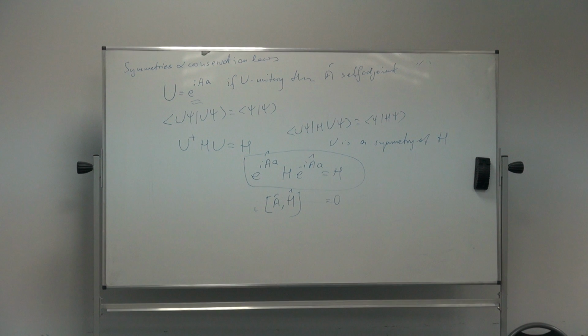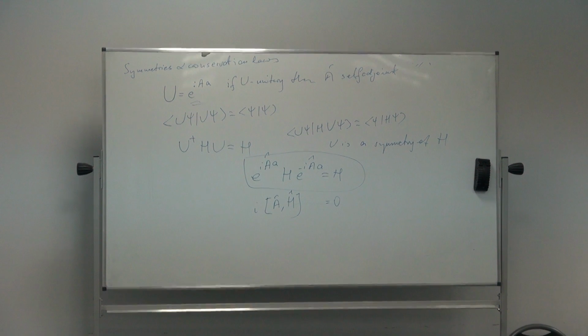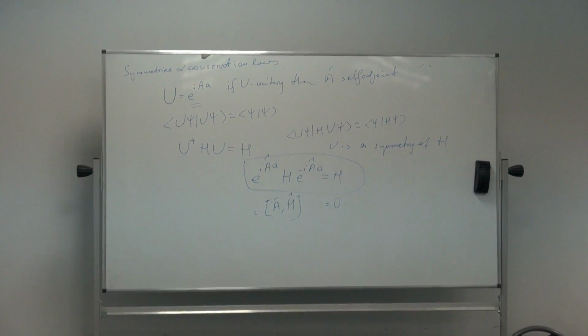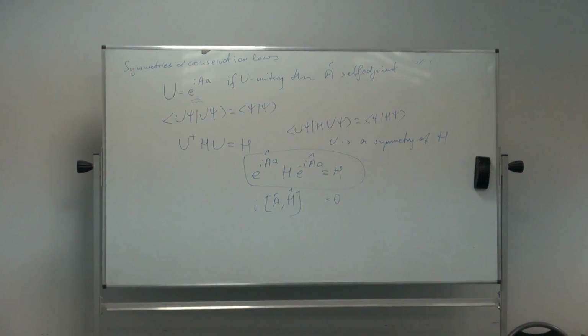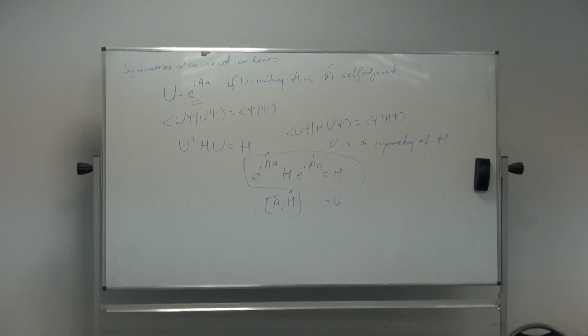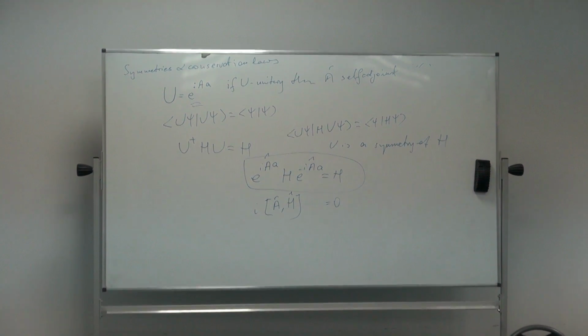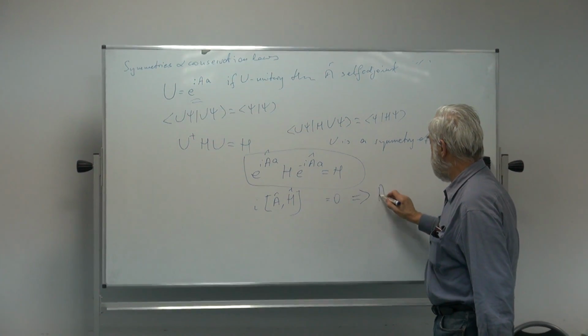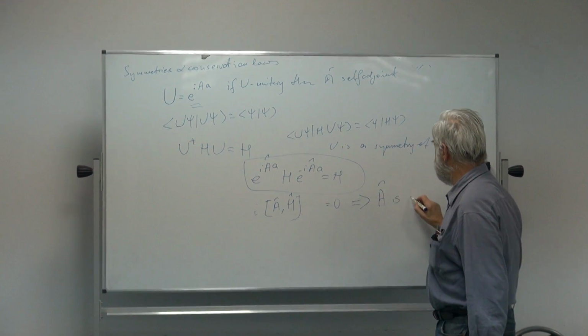But you remember, in the Heisenberg picture, the commutator of an operator with the Hamiltonian is proportional to the time derivative of this operator. Now we say that if something is a symmetry, then the generator commutes. In other words, from this it follows that A is a constant.